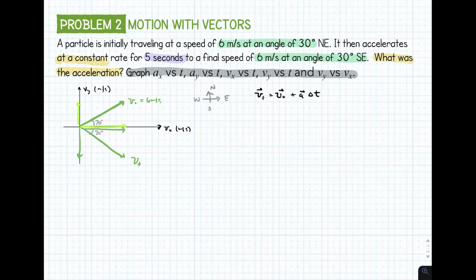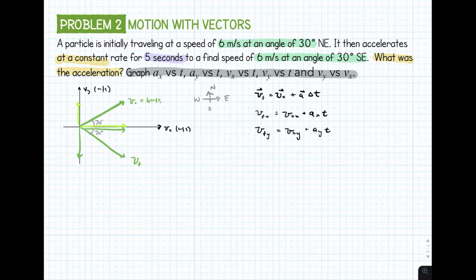Okay, so you can break this equation right here into x and y, so that we'll have v final x is equal to v initial x plus a x t, and then v final y is equal to v initial y plus a y t.